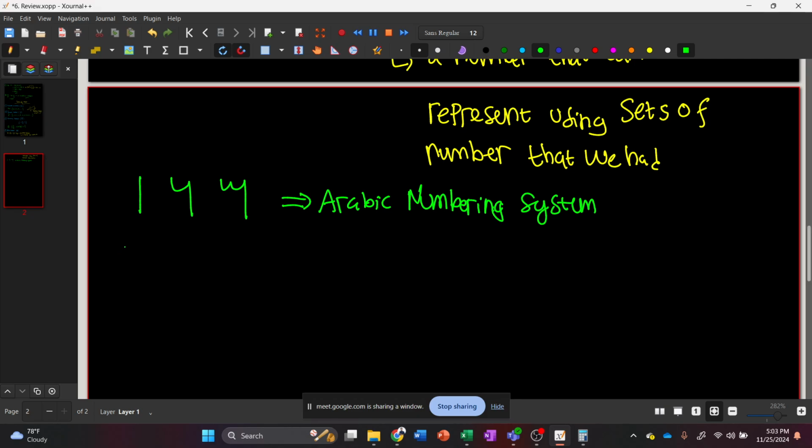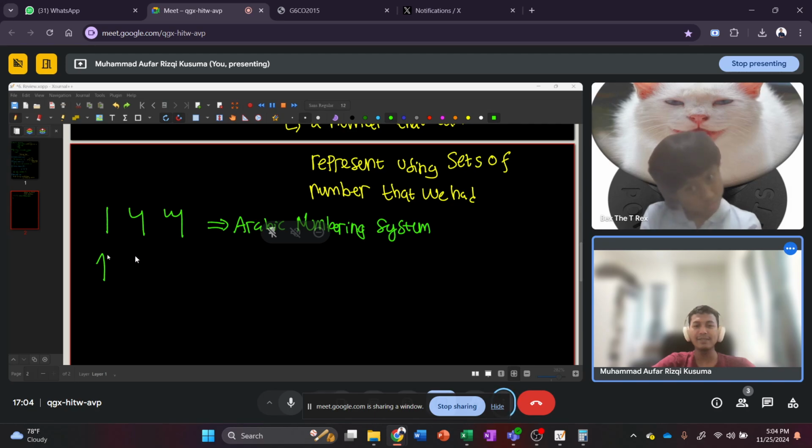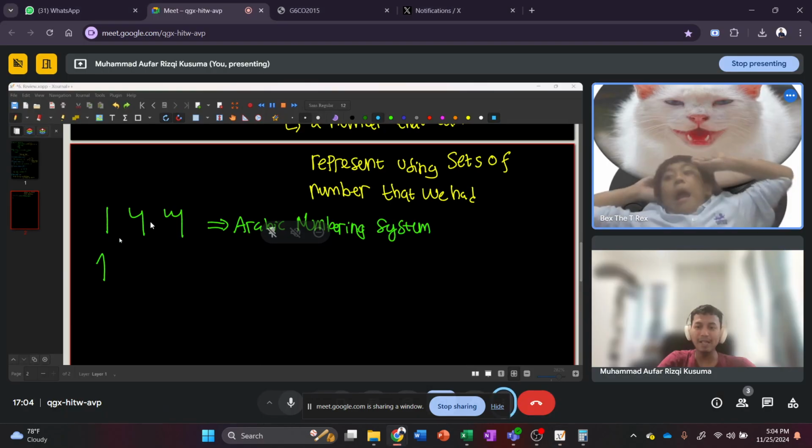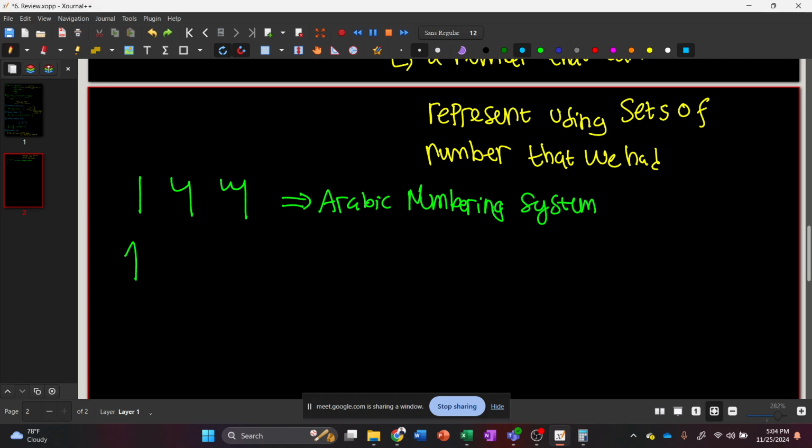So why does one look like this? Yeah, this is only for fun. Some say that it's because this shape only has one side, only one angle.